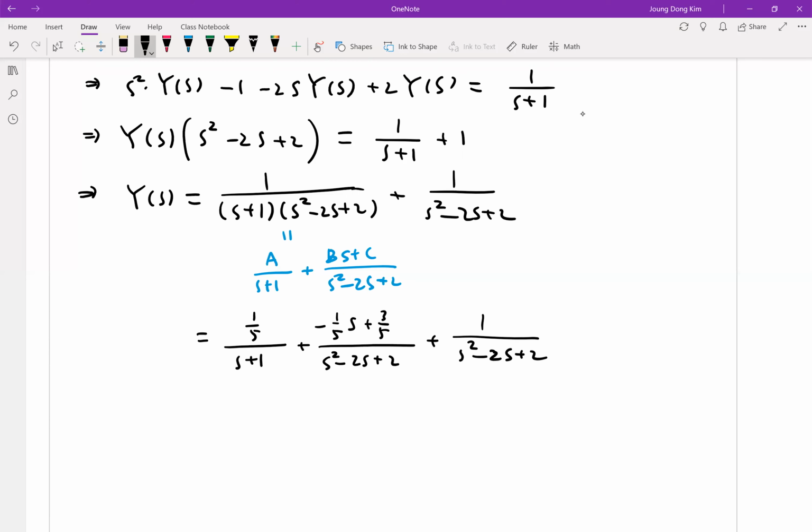Then we can combine like this. Let me write 1/5 in front, it might be much better: 1/5 times 1 over s plus 1, and it will be negative 1/5 s, and plus 1, which is 5 over 5, it will be 8 over 5, over s squared minus 2s plus 2.